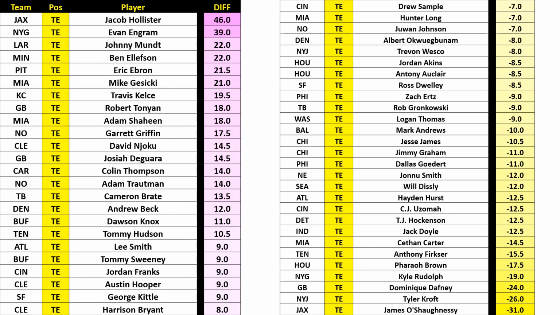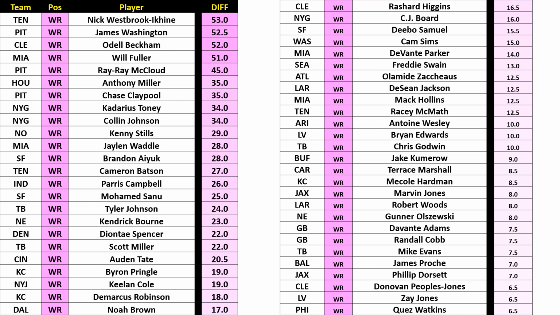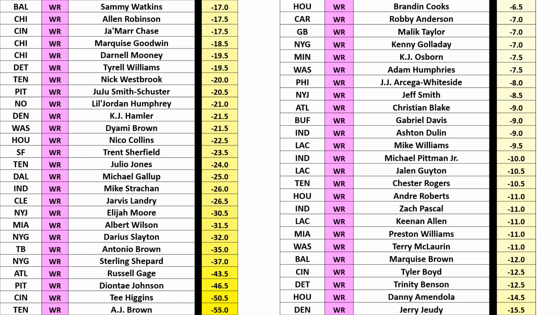For the tight ends as well, who's up, who's down. And here's definitely Washington, this guy, Fuller, Miller. Those are my top 3 adds. You can look at some of the down too.